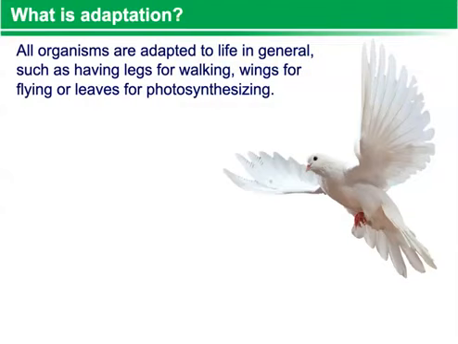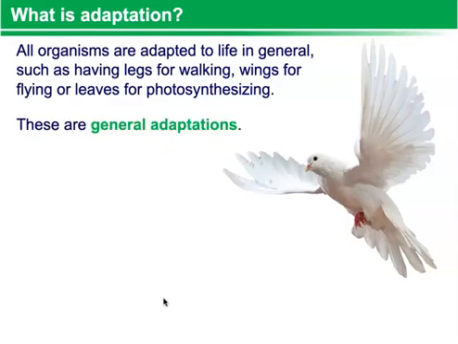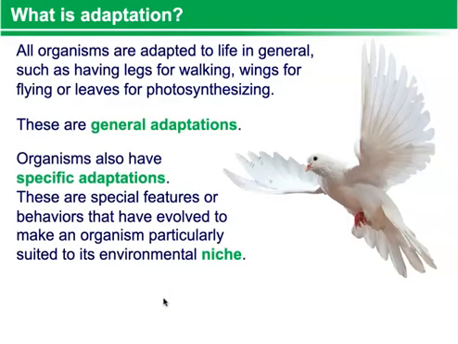What is an adaptation? All organisms are adapted to life in general, such as having legs for walking, wings for flying, or leaves for going through photosynthesis. These are termed general adaptations. Organisms also have specific adaptations that allow them to survive in their specific environments.